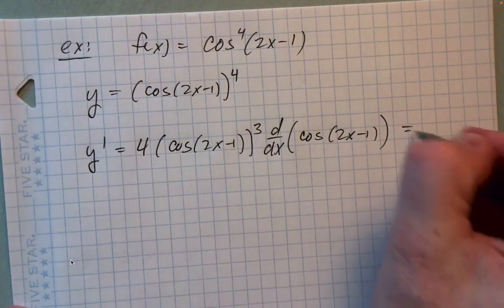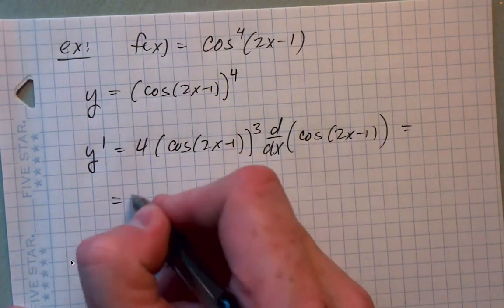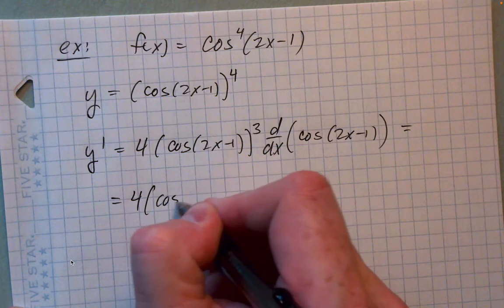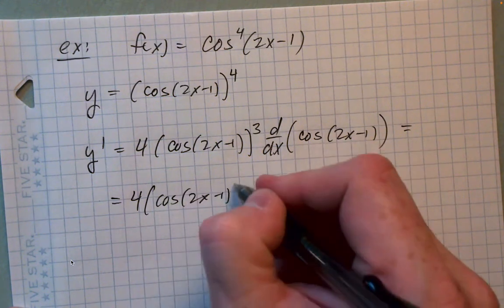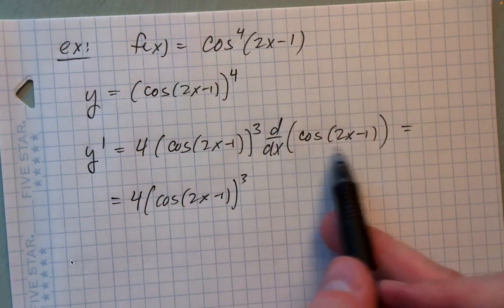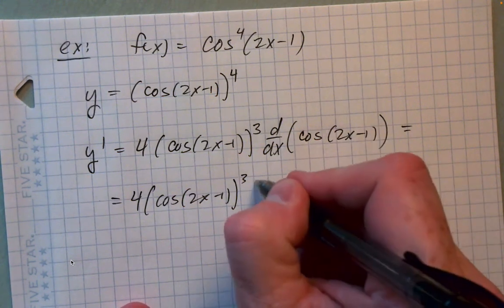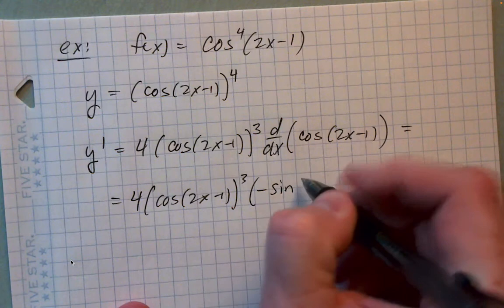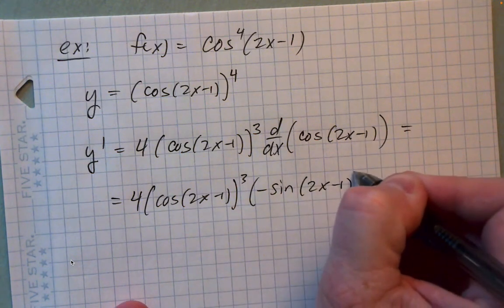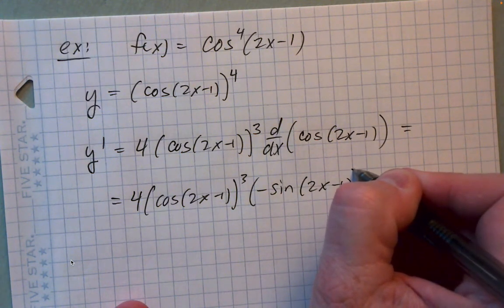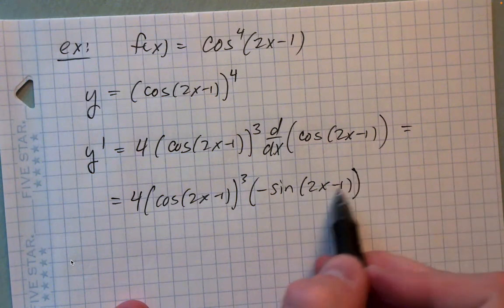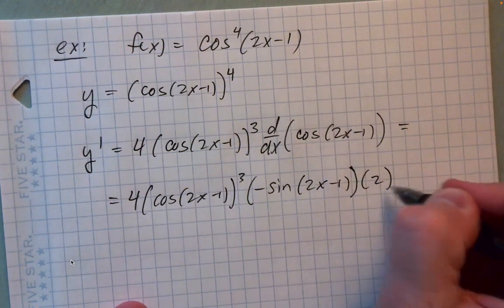Now, can we differentiate this piece? Sure. So it's 4 times cos of 2x minus 1, again bringing this along for the ride. Now the derivative of cosine is negative sine, so this is going to be negative sine of 2x minus 1, and then we have to differentiate the inside piece here, which is just a 2, so don't forget the 2.